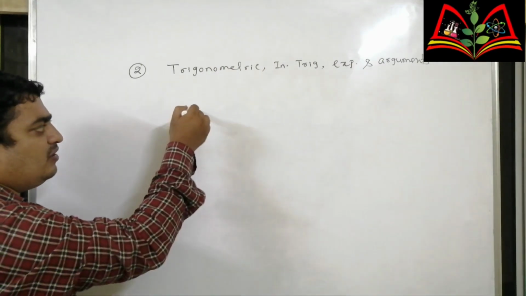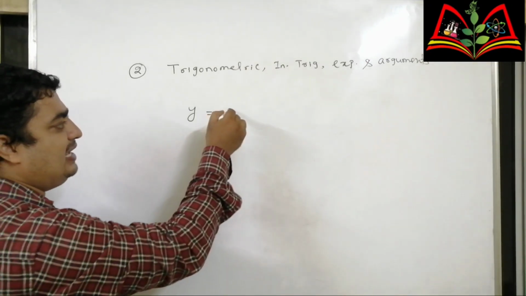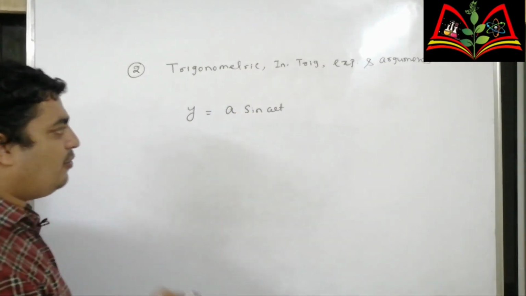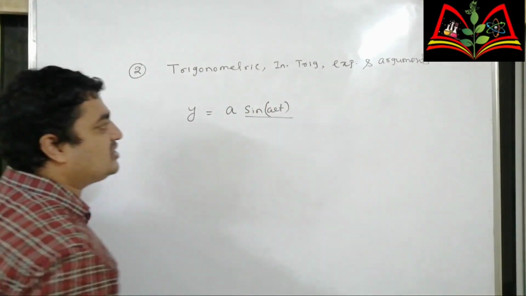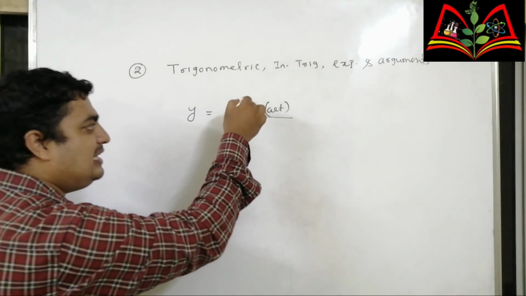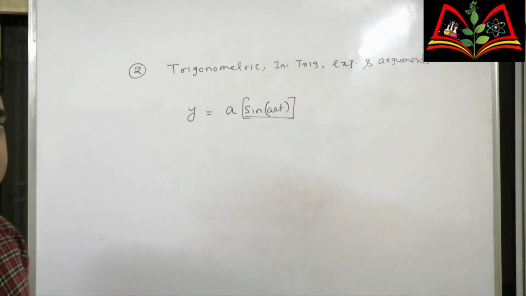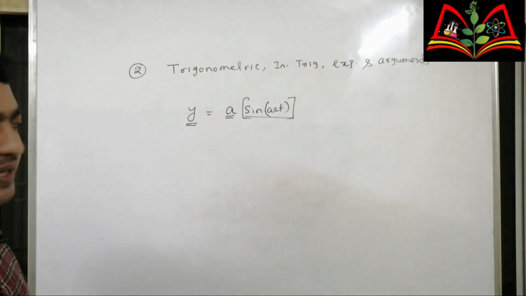For example, for simple harmonic motion, we write that y equal to a sin omega t. Now here check, sine function is taken. Now this quantity sin omega t, it is dimensionless. Now y is the displacement and a is the amplitude.